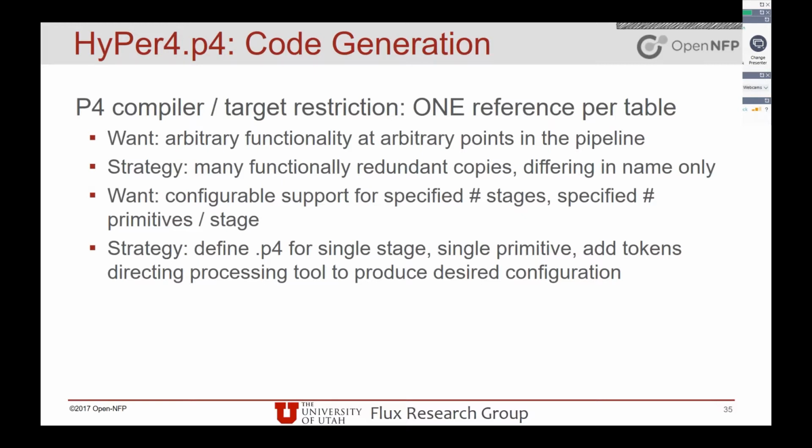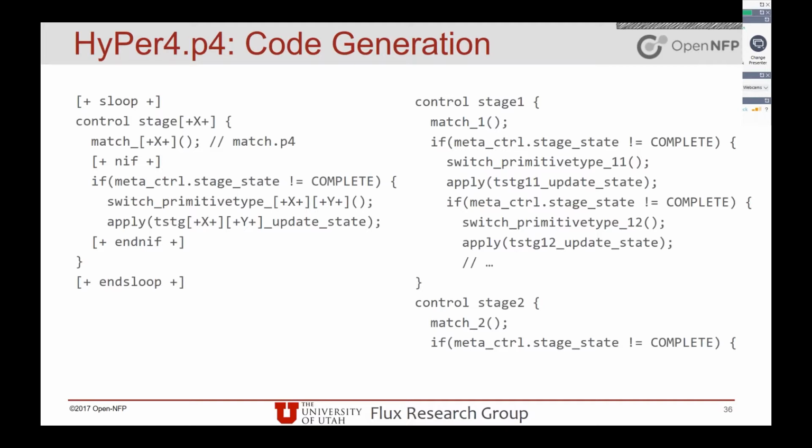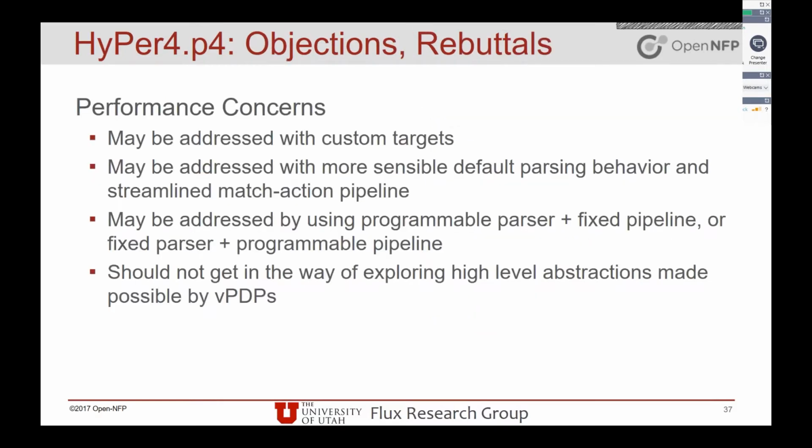So to get around that, we have a lot of redundant tables that differ only in name, and to make the writing of Hyper4 simpler, we basically have a code template approach whereby we can spit out all of the tables and control functions and so forth necessary to be able to handle whatever number of stages and whatever number of primitives per stage we need to be able to handle.